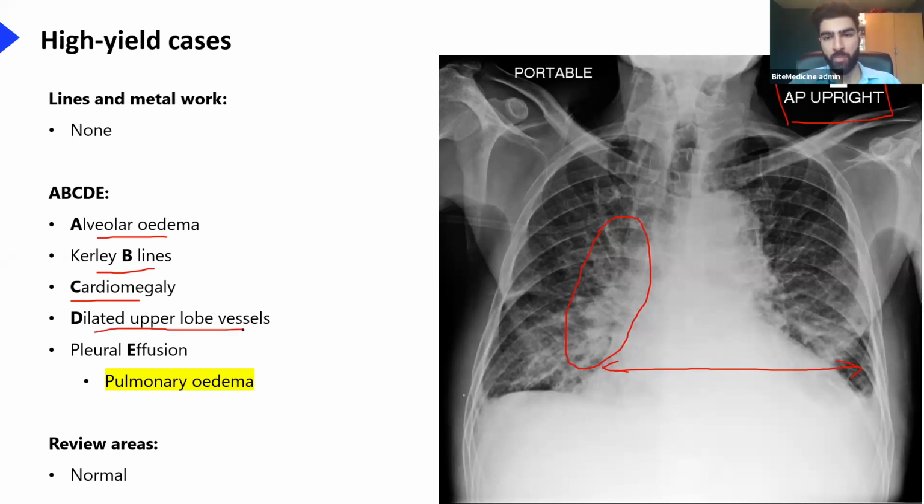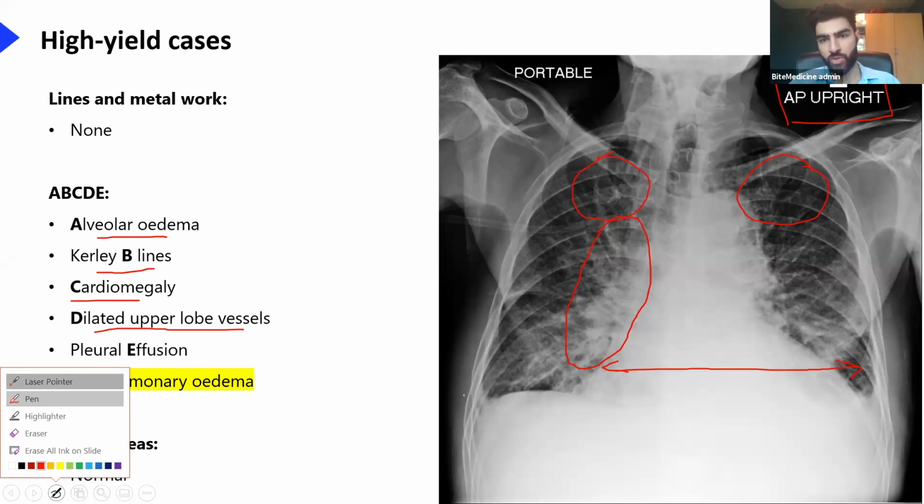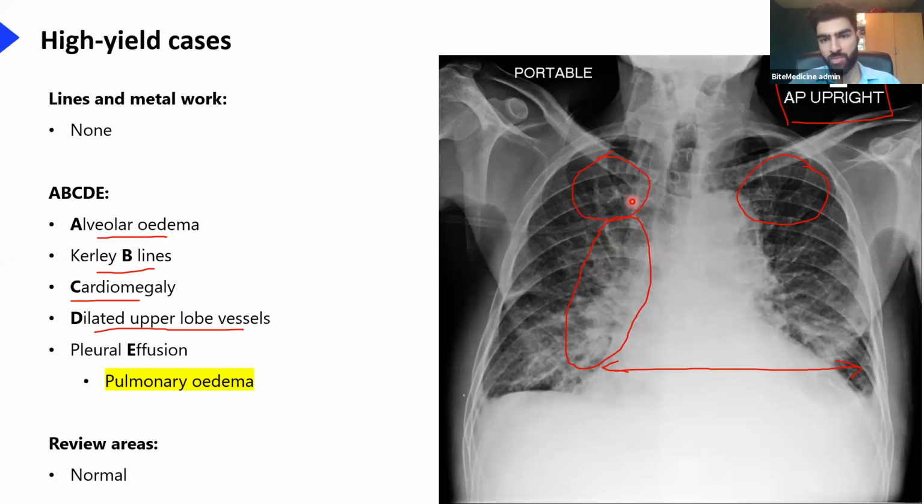Dilated upper lobe blood vessels. So if you look in the upper lobes, you can see these, just get my laser pointer out. Bit difficult to appreciate here, but you can see a lot of lines pointing upwards, and that's prominent upper lobe vessels, which suggests, again, pulmonary edema.